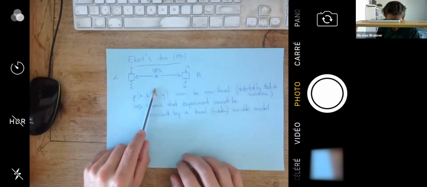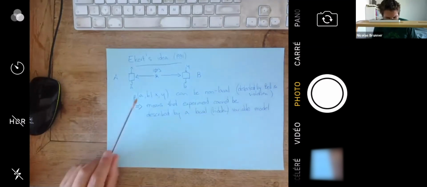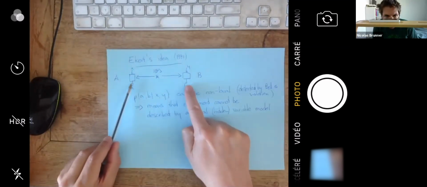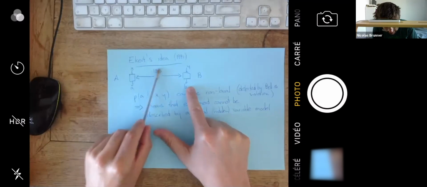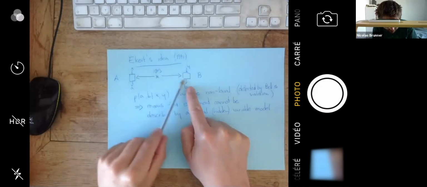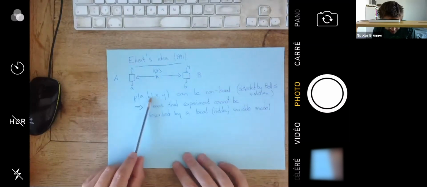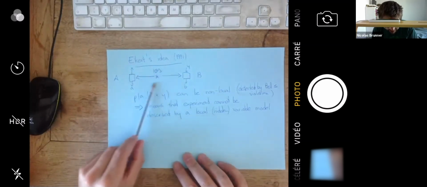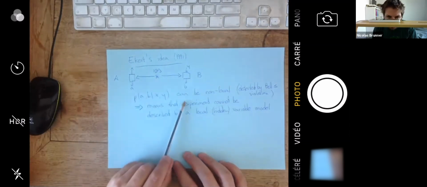But now the converse is interesting. If the statistics that Alice and Bob see is non-local, then they know that it is impossible that these correlations were mediated by a classical common cause. So there can be no local hidden variables that explain this behavior.